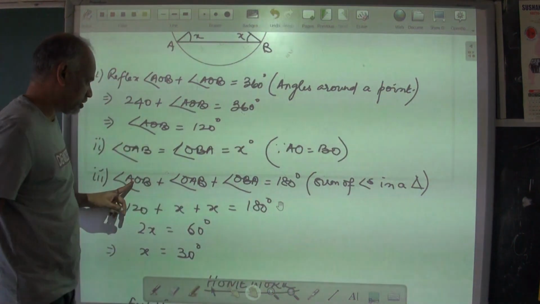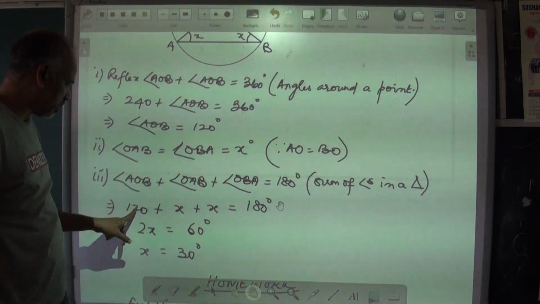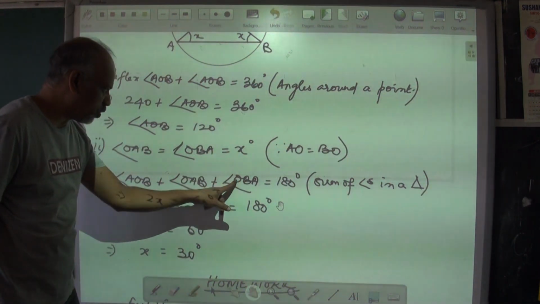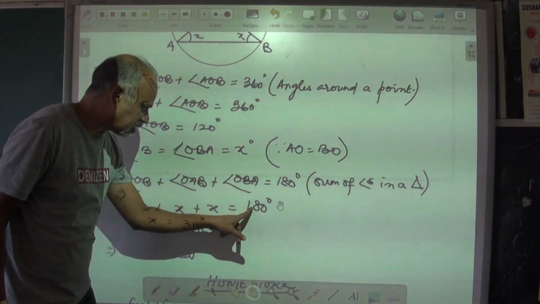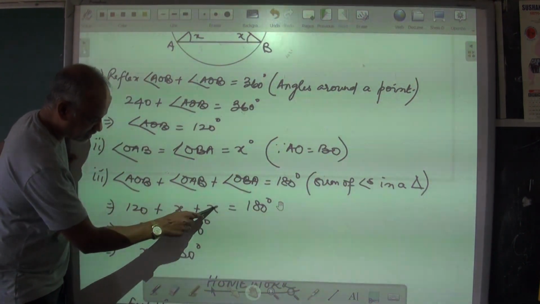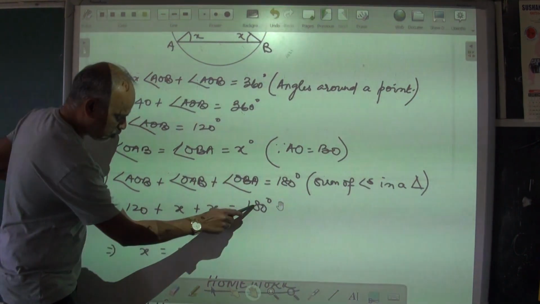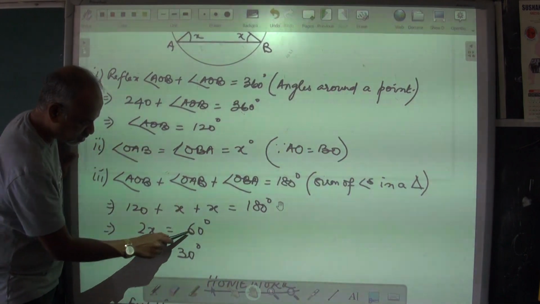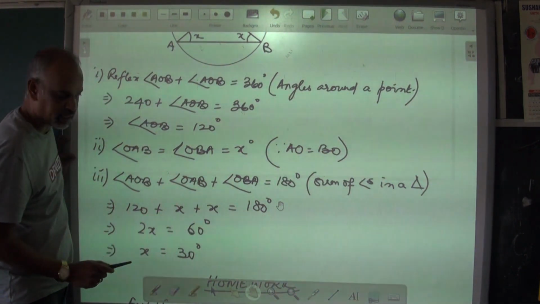So AOB is 120 plus OAB is x, OBA is also x, is equal to 180. Shift the 120. x plus x gives you 2x is equal to 180 minus 120, that gives you 60. So x is equal to 60 divided by 2, that gives you 30 degrees.